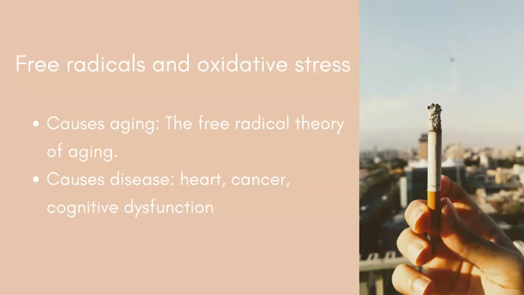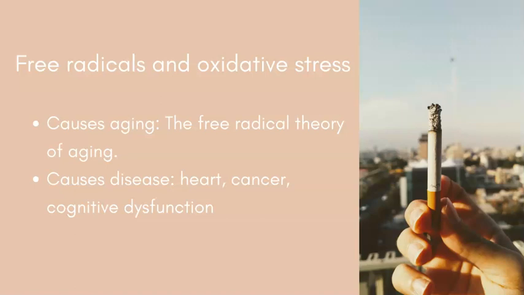Free radicals are the molecules that damage cells and tissues in the body, and when the cells and tissues are damaged, we call that oxidative stress. And oxidative stress is actually the same mechanism as when cars rust, for example. It's an oxidation of different substances.